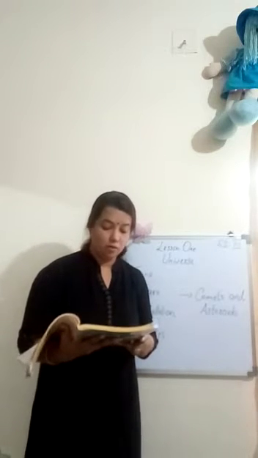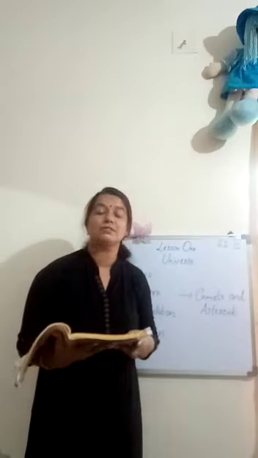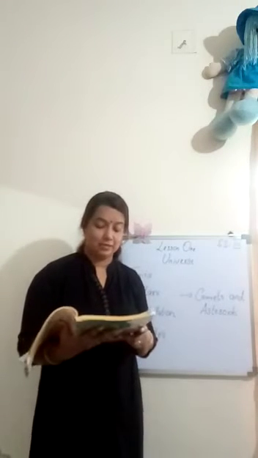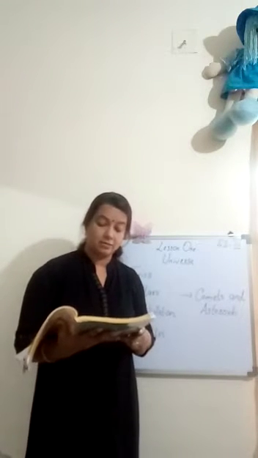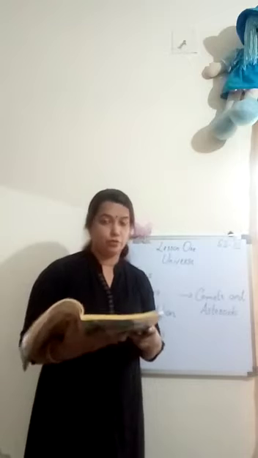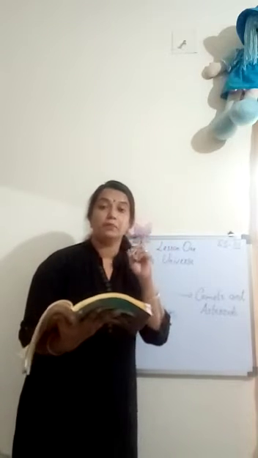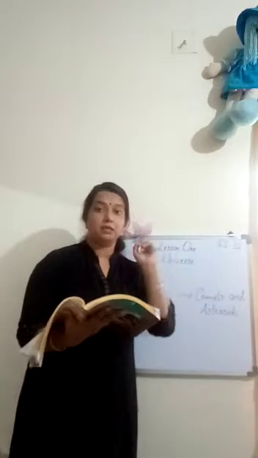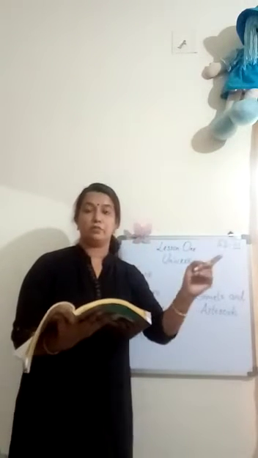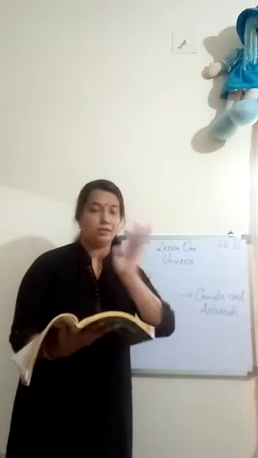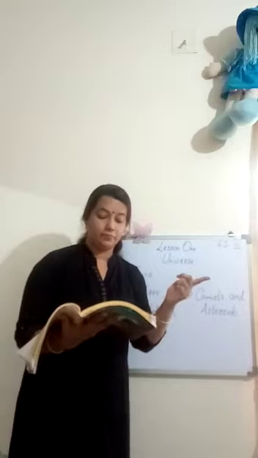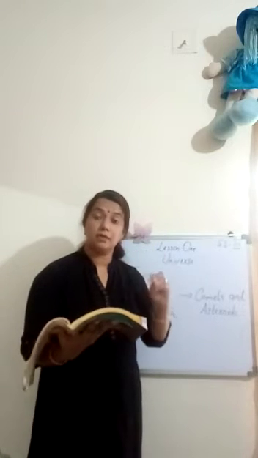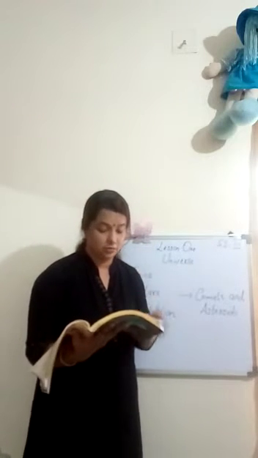Planets are smaller than the stars, and stars are larger than the planets. So the first difference is planets don't have their own light, but stars do. Second, the planets move around the sun. The stars are still, they don't move. And the third is planets are smaller than the stars.